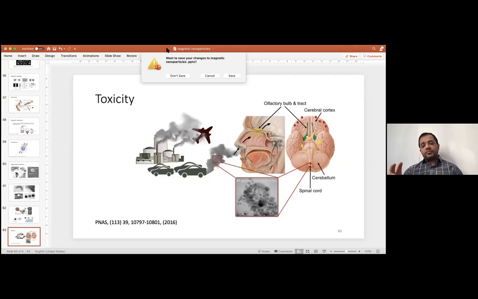With respect to diagnosis, the volume and the concentration of the magnetic nanoparticles injected into the body should not be as high, but nevertheless there is toxicity.